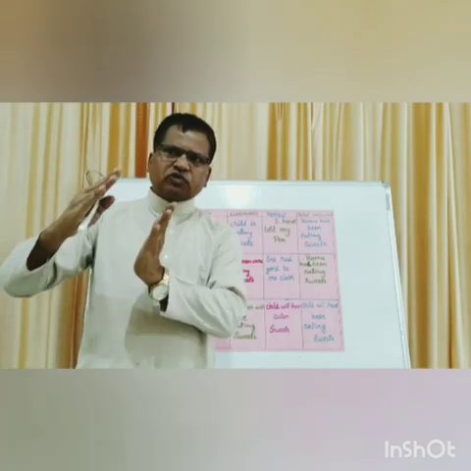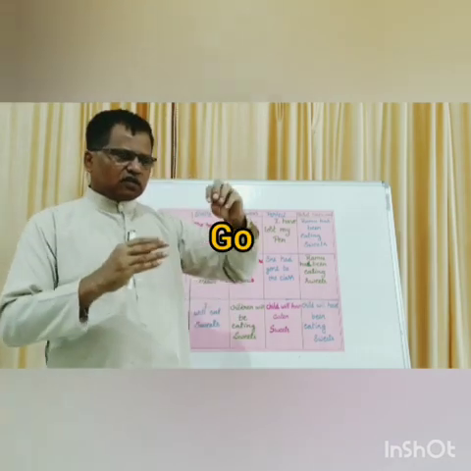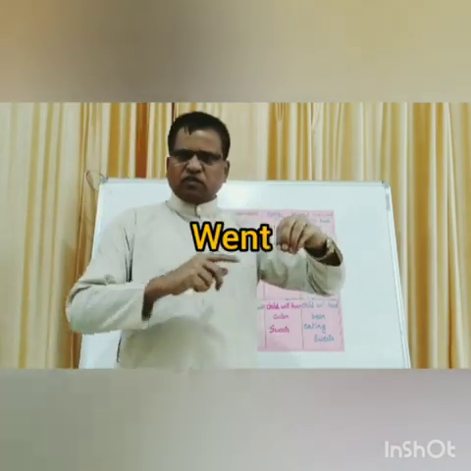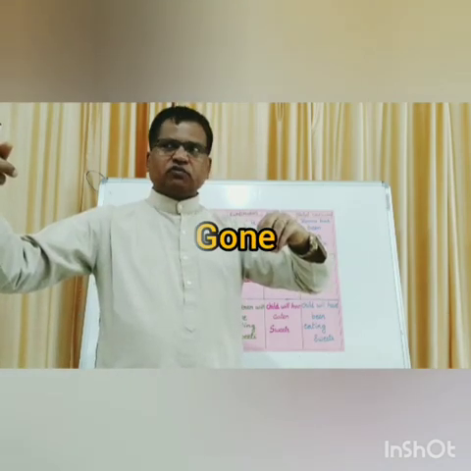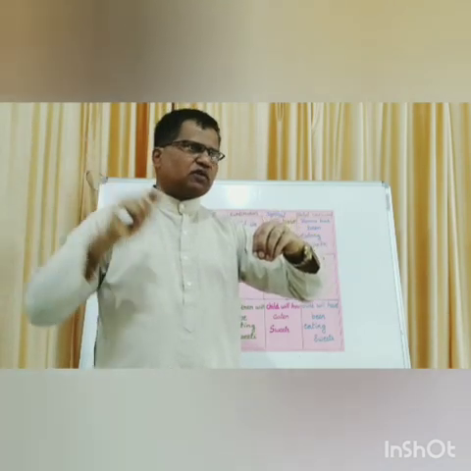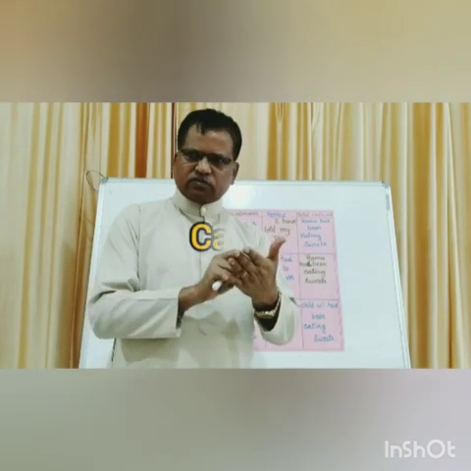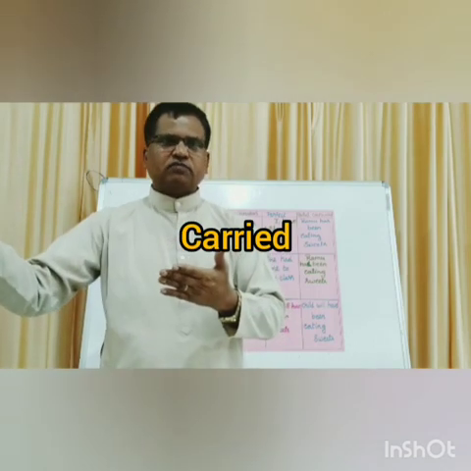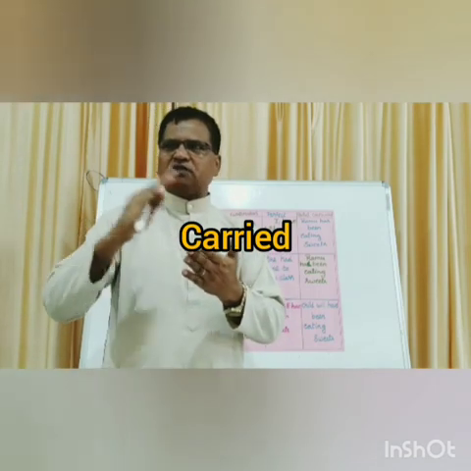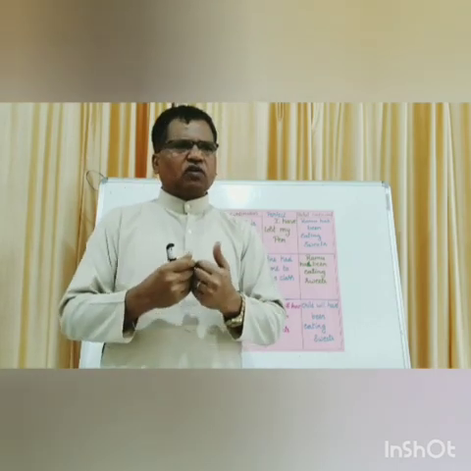We have the third form of the verbs, called past participle. For example, go, present; went, past tense; gone, V3, past participle. Sometimes, carry, present; carried, past; carried, past participle. So past and past participle are the same form. Sometimes all the 3 are the same.